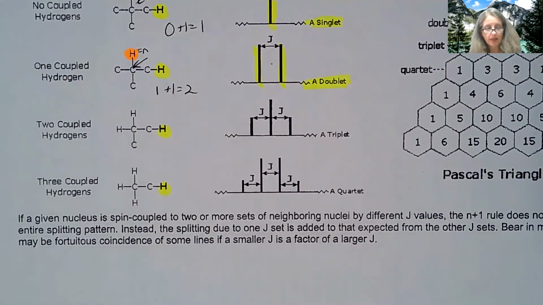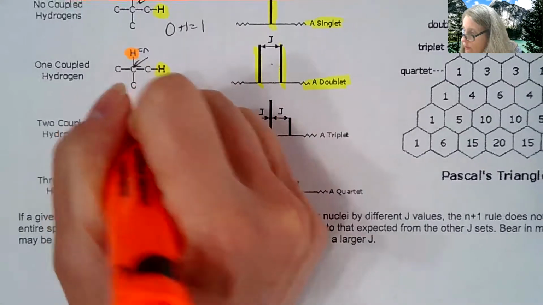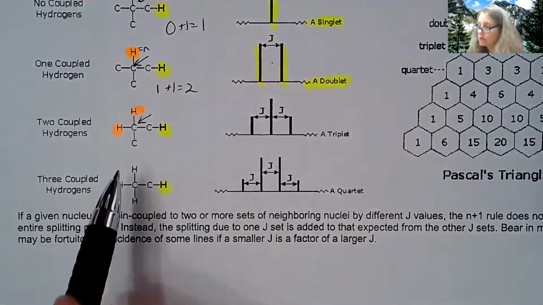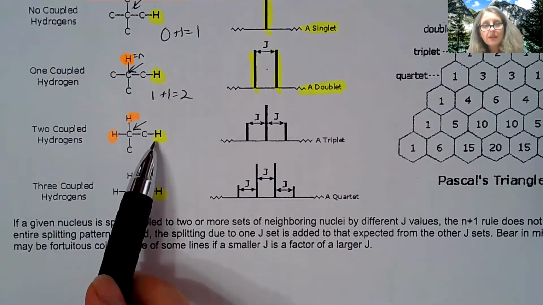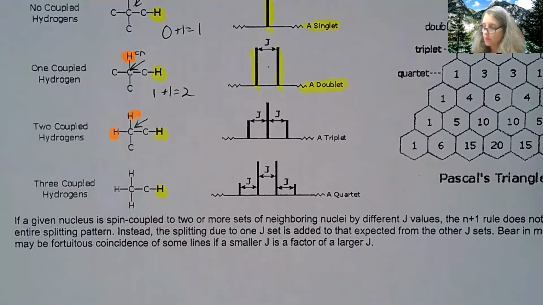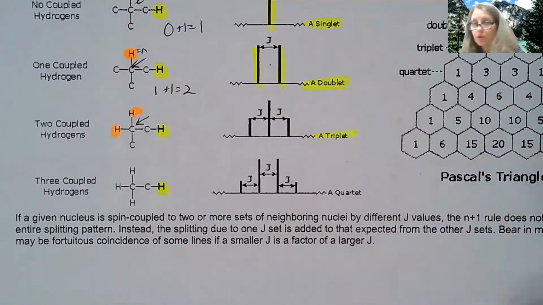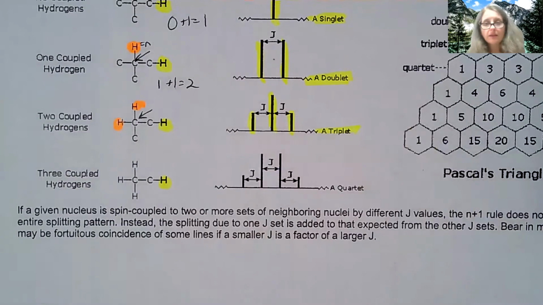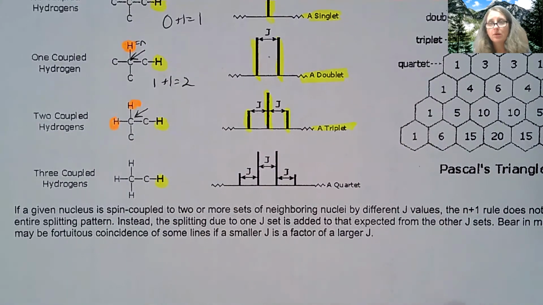Then again, next example, my next door neighbor has 2 hydrogens attached, okay? So I am this hydrogen, the yellow hydrogen. So what it does is split into what we call a triplet. Now a triplet is 3 peaks, but you will notice that the middle peak is higher than the 2 next to it, and that's pretty characteristic of what we call a triplet.